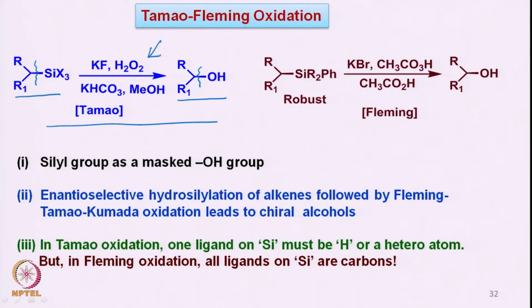At the same time, Fleming introduced a somewhat robust silicon based substrate where there are only carbon based groups attached on the silicon, and this in the presence of potassium bromide, peracetic acid in acetic acid medium allows the conversion of this type of substrate to the corresponding alcohol.